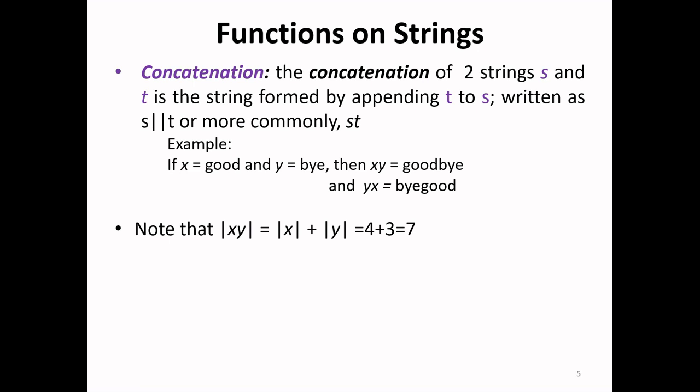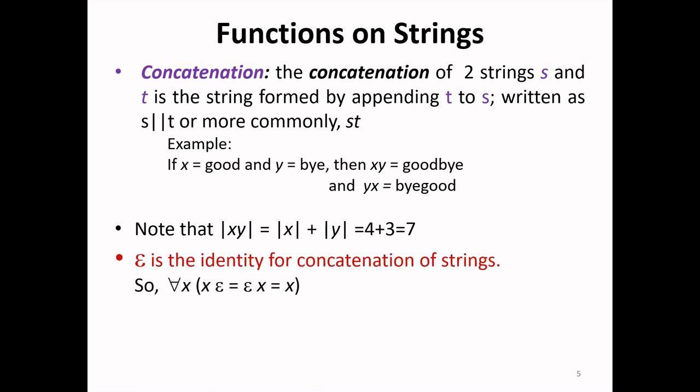Note that the length of XY will be equivalent to the length of X plus the length of Y, that is, 4 plus 3 is equal to 7. Remember, epsilon is the identity for concatenation of strings.